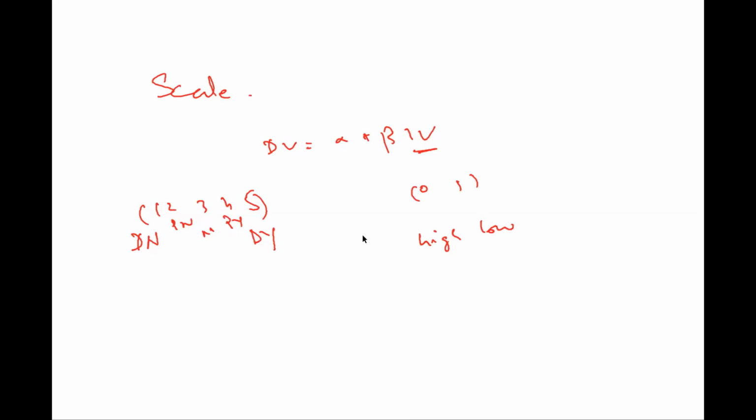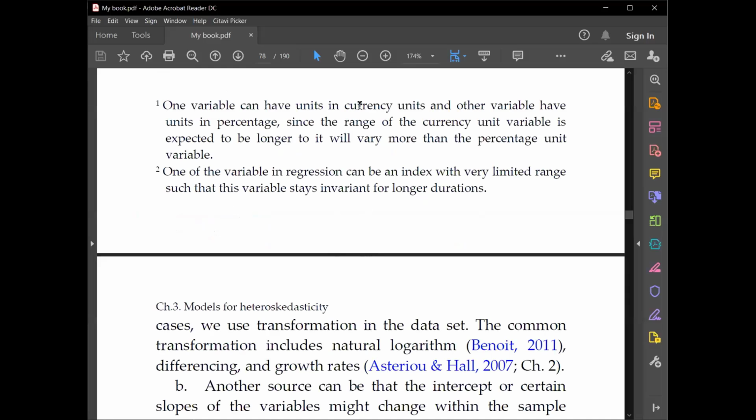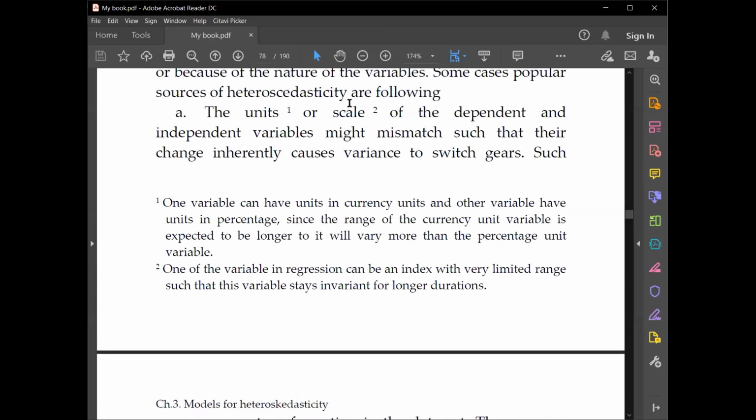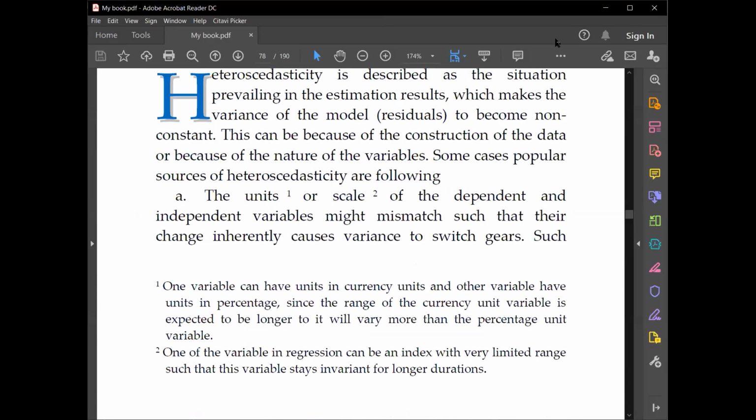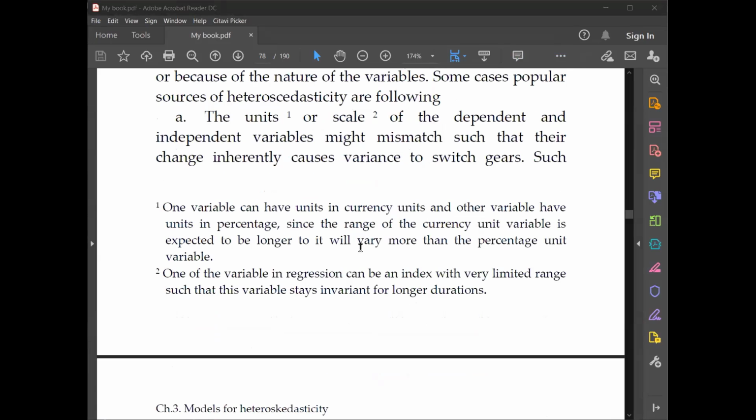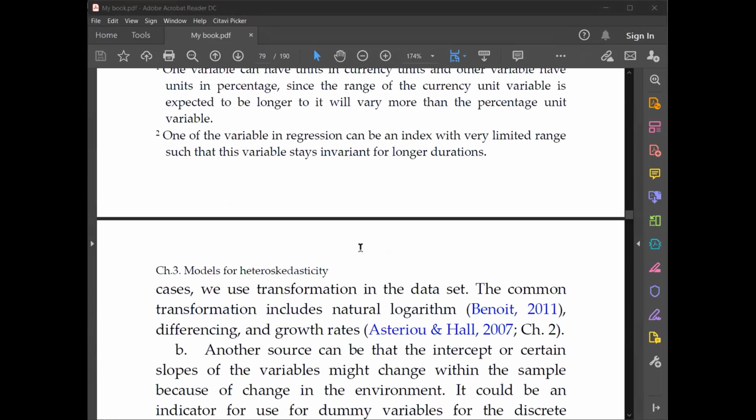The regression will try to adjust them, so it has to create gears. That switching of gears will lead to heteroskedasticity. So this is one of the reasons that explain the presence of heteroskedasticity, and we already studied how to check if there is heteroskedasticity.